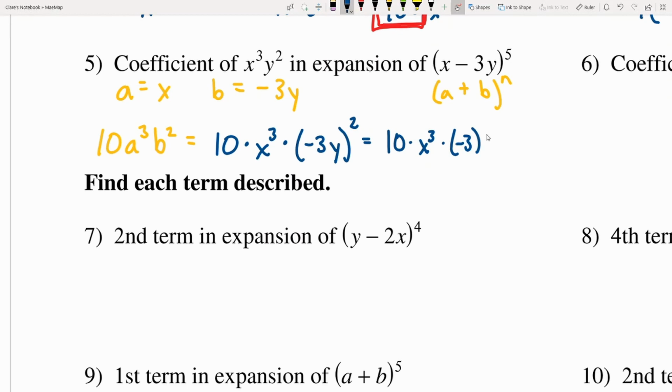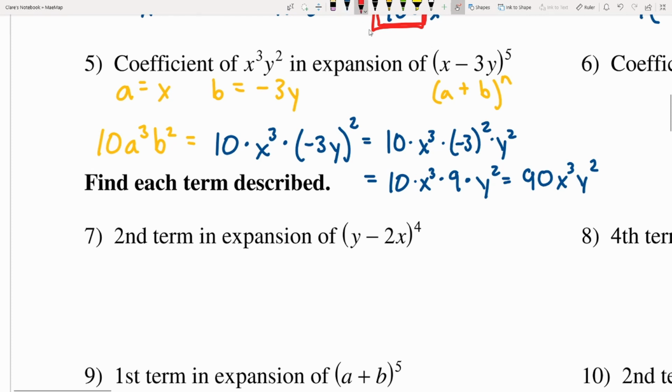So that's negative 3 squared times y squared, which is going to be equal to 10 times x cubed times negative 3 squared, which is a positive 9, times y squared. 10 times 9 is 90, so this is going to be equal to 90x cubed y squared.